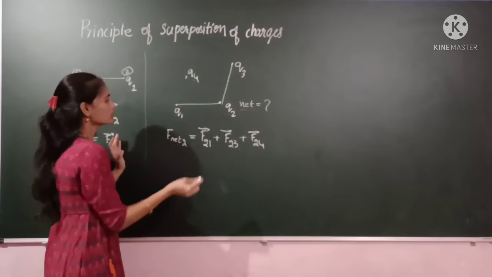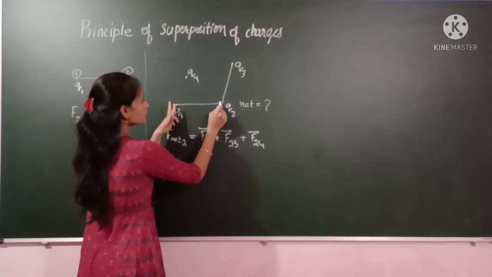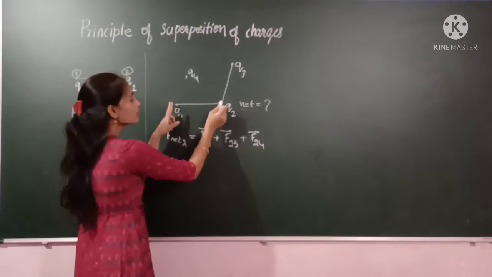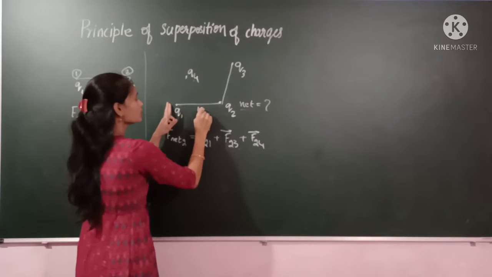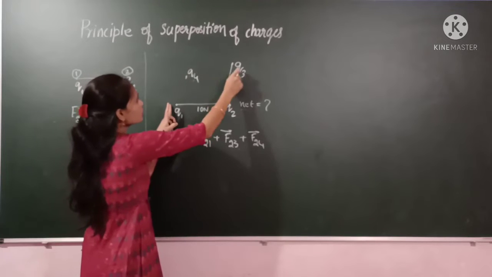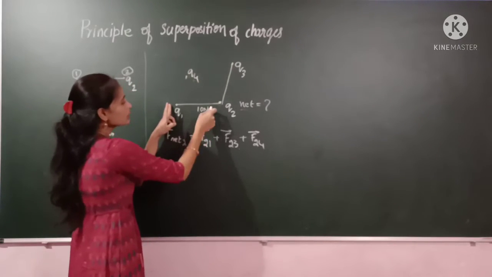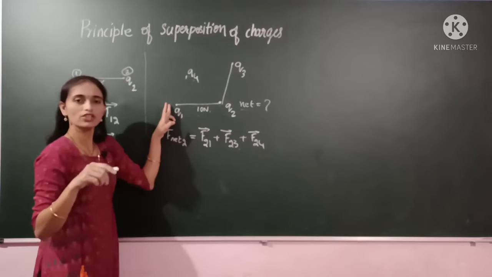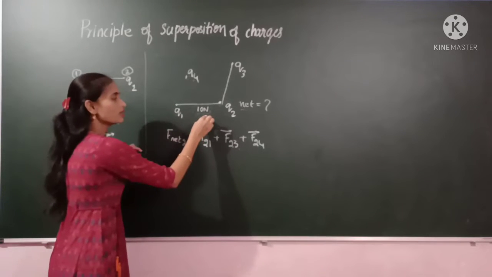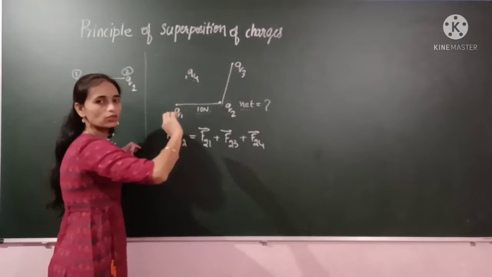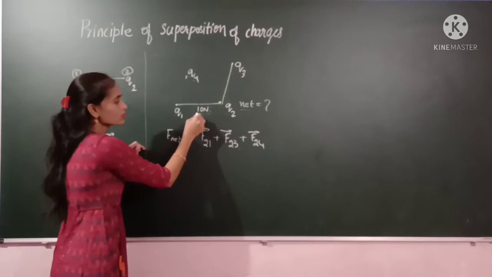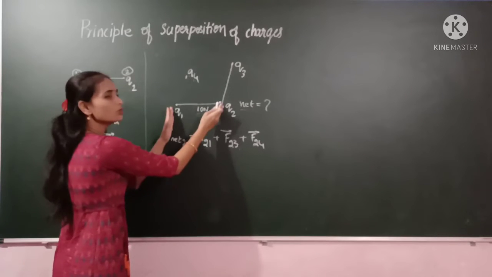Now another thing. Initially, if there are no other charges and only q1 and q2 are there, and the force between these two charges is, for example, 10 Newton, then if you introduce the q3 and q4 charges, will this force change or will it be the same? Our answer is, this force is unaffected by the third or the fourth charge. If you introduce any number of charges, the force between the two charges will remain constant.